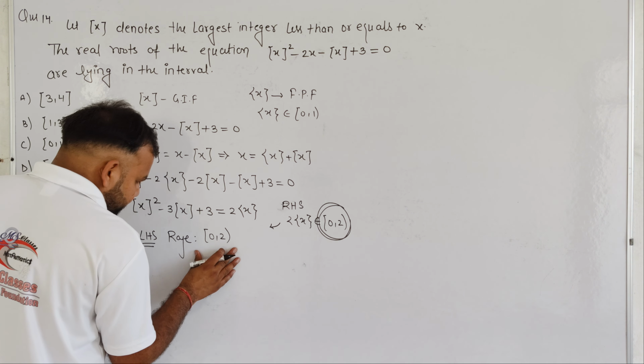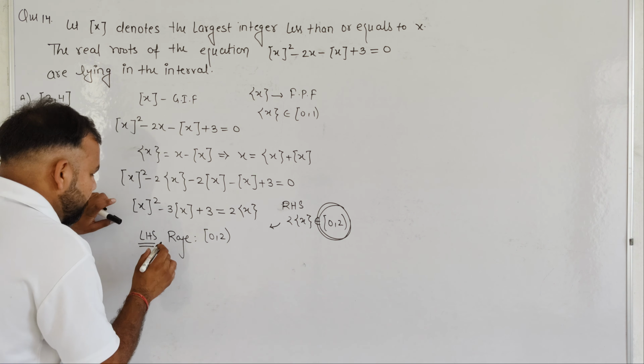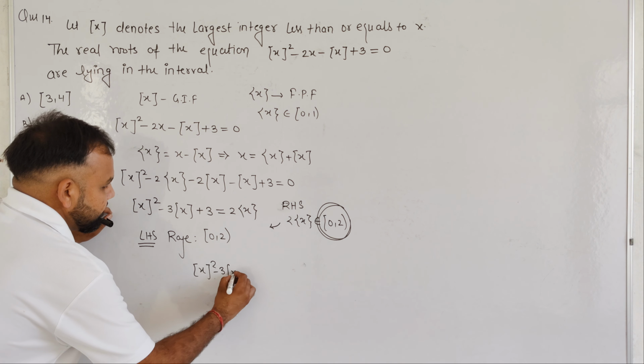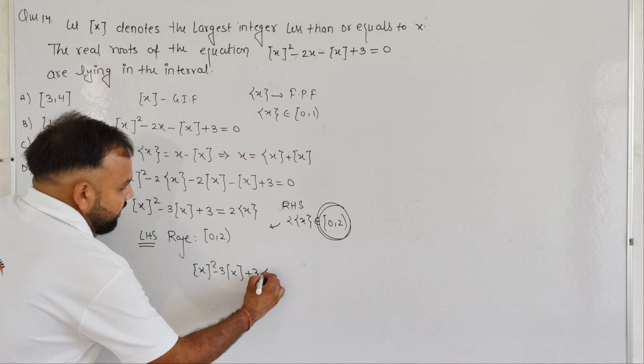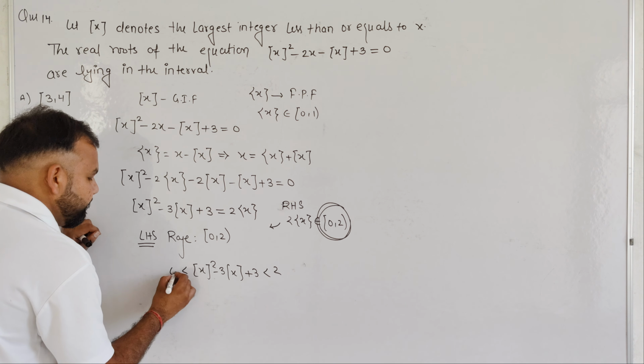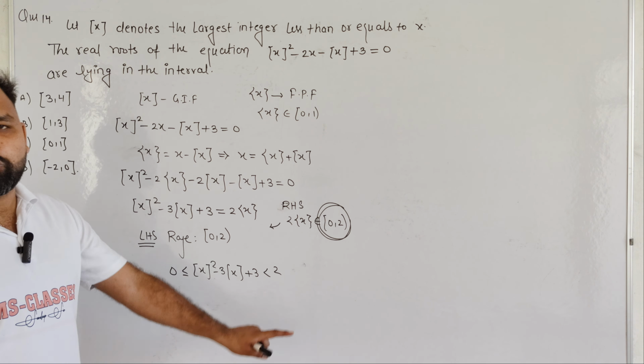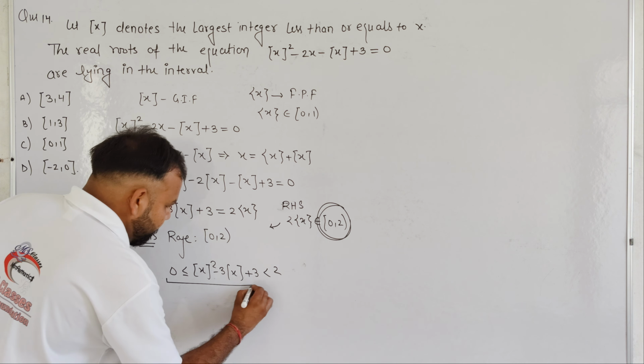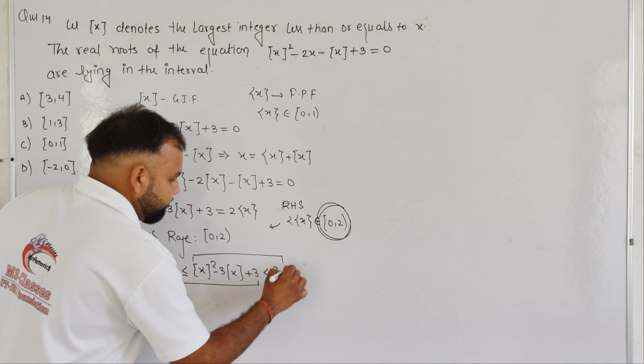By saying this, we can say that our left hand side, [x]^2 - 3[x] + 3, lies in [0, 2). Student, you can see that there are two inequalities, the first is this one and the second is this one.